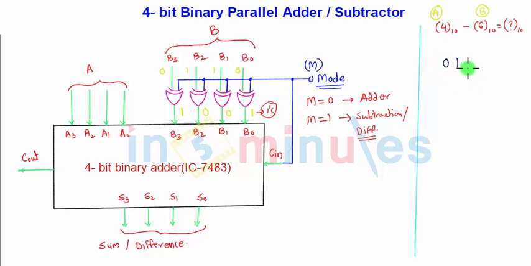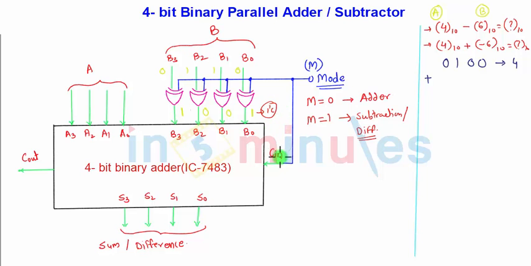So this will be 0 1 0 0 corresponding to 4, plus I will change this expression to 4 in decimal in addition with minus 6. I will represent 6 in the 2's complement format with the help of this circuit. The input bit is 6, so mode 1 is activated, so I'll get the inverted output for 6 here, that is nothing but 1 0 0 1, which is the 1's complement form of 6.